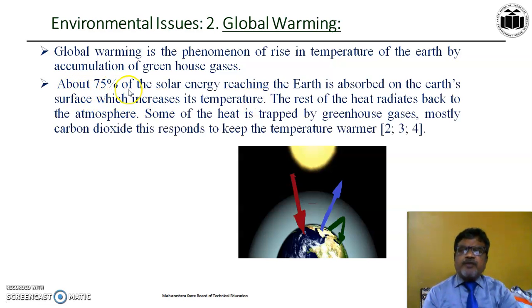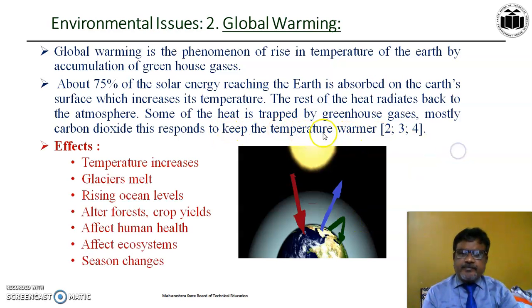About 75% of solar energy reaching the Earth is absorbed on the Earth's surface, which increases the temperature. The rest of the heat radiates back to the atmosphere. Some of the heat is trapped by greenhouse gases. Mostly carbon dioxide is responsible for keeping the temperature warmer.